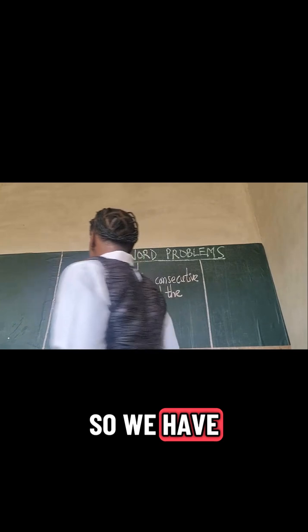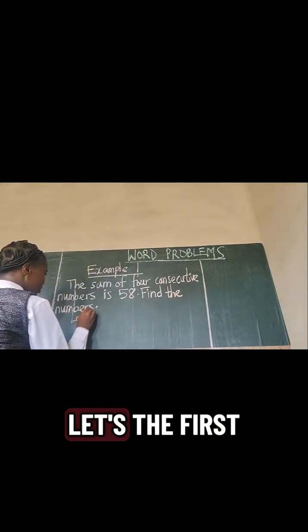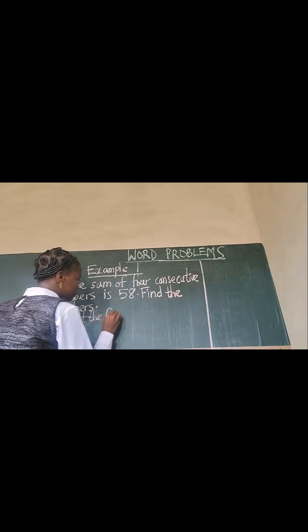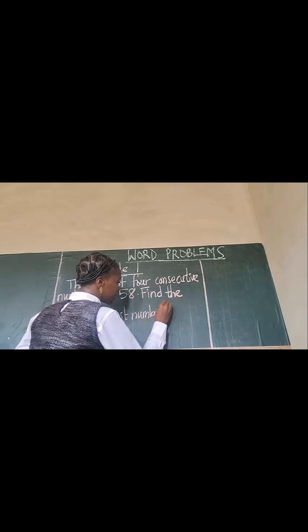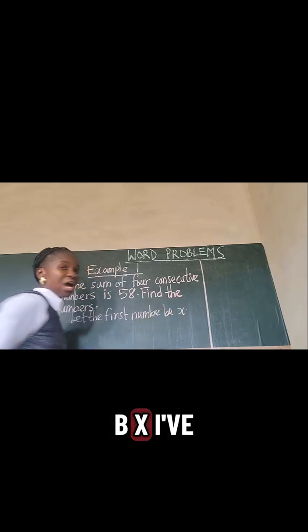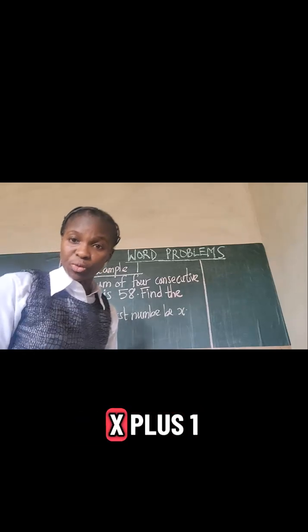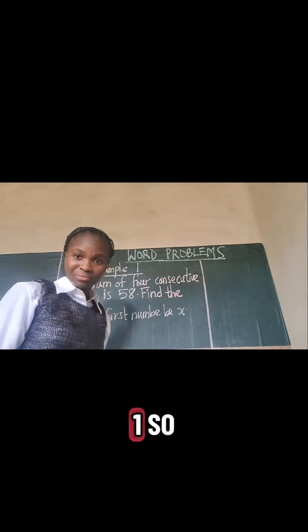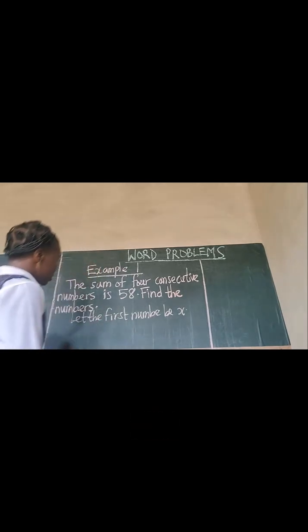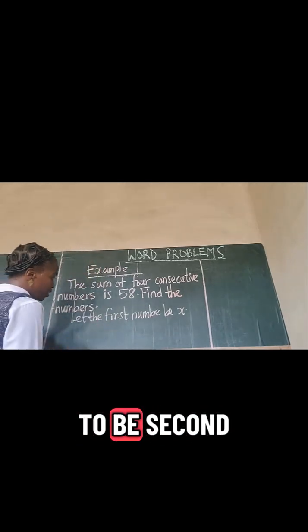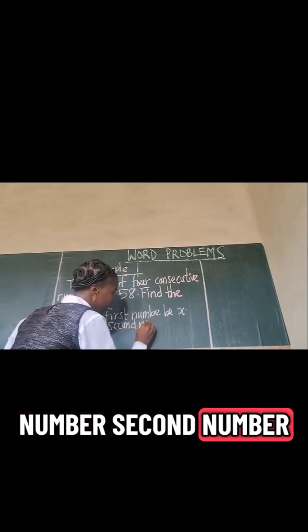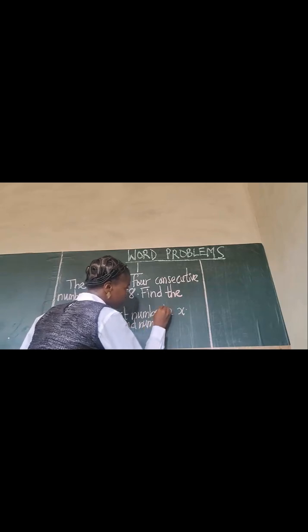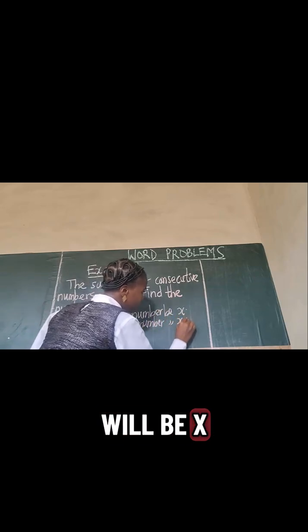So we have, let the first number be x. I've told you, you can either use x plus 1 or x minus 1. So the second number will be x plus 1.